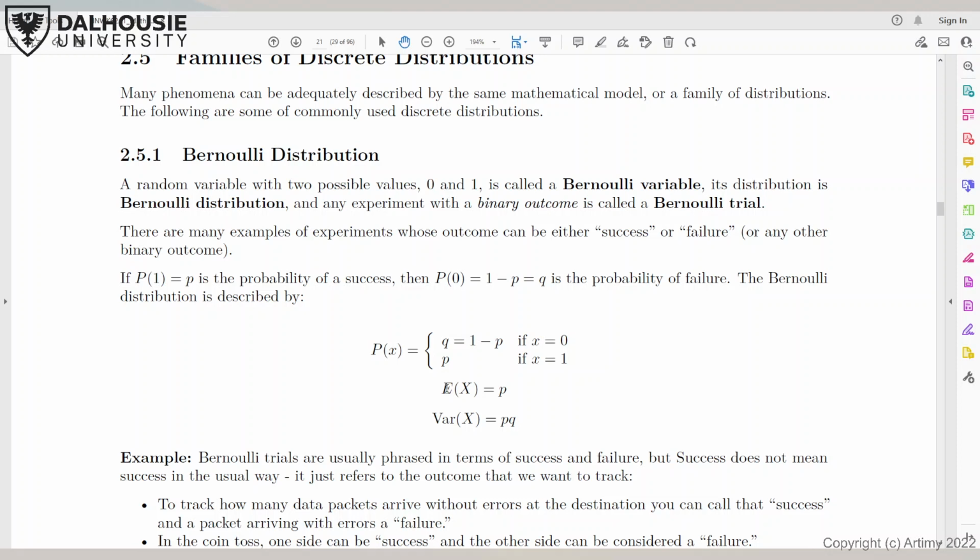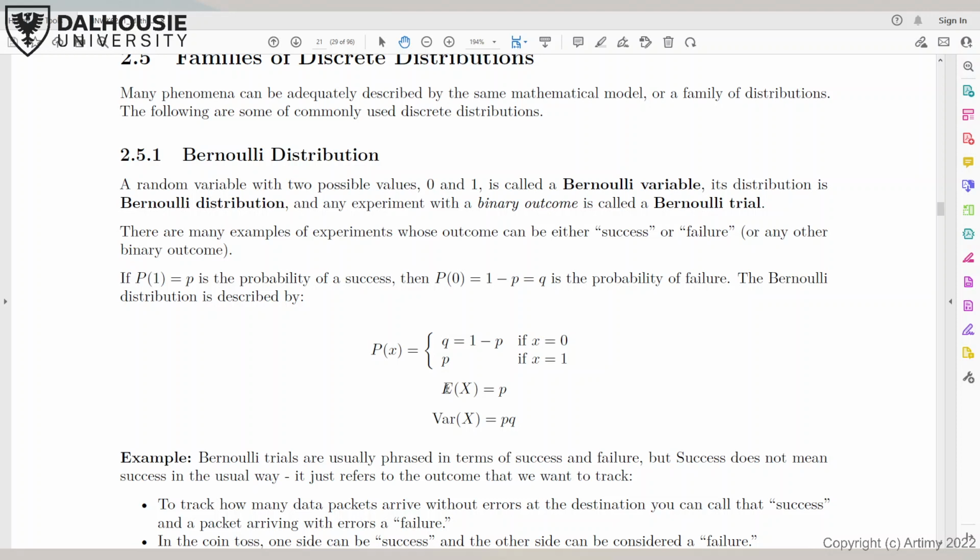Bernoulli distribution is simply representing a result of an experiment that has a binary outcome, right? The binary outcome means that it's either one or the other. If we represent that by a random variable, then one outcome will be represented by x equals 0, and the other one will be represented by x equal 1, right?